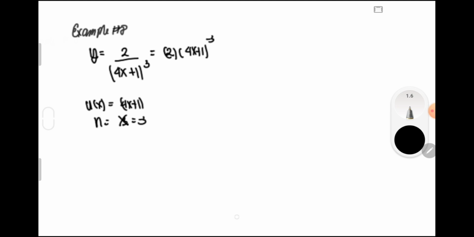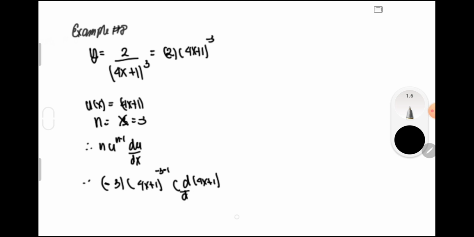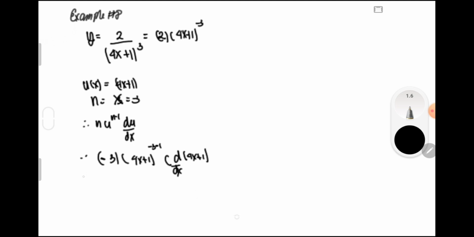Okay? So from this, we may use our power rule wherein we have n u raised to n minus 1 du over dx, wherein we'll have a value of negative 3 multiplied by u, which is equal to 4x plus 1 raised to negative 3 minus 1 multiplied by the derivative of our u of x, which is equal to 4x plus 1 with respect to dx. Okay?